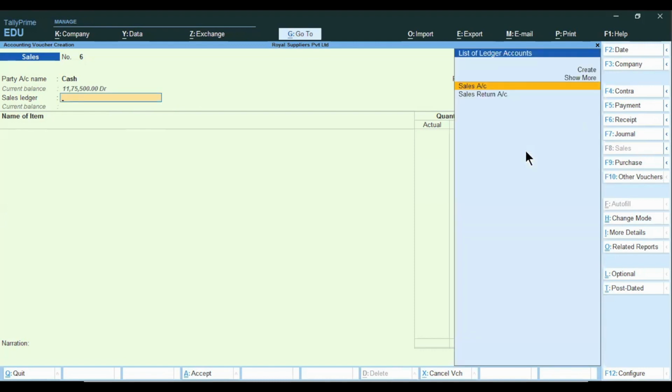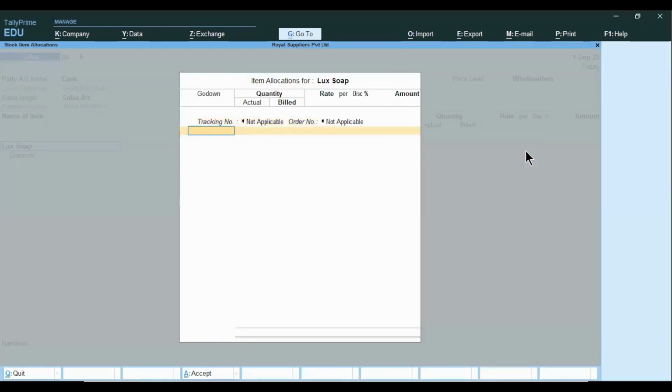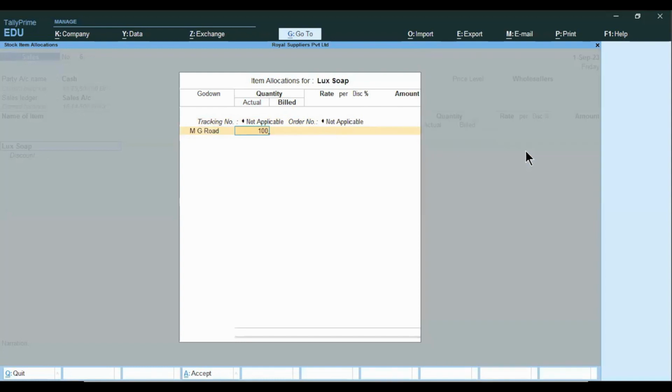Ledger of sales will be sales account, Lux soap, and suppose we are selling only 100 pieces. Okay, so tracking not available, order number not available, MG Road, 100 pieces. The rate is 63, and discount is 3%.